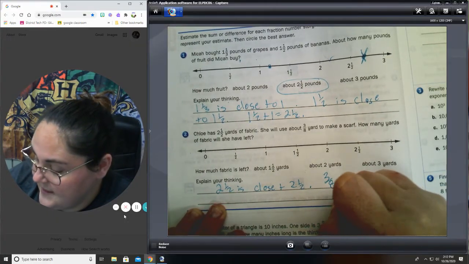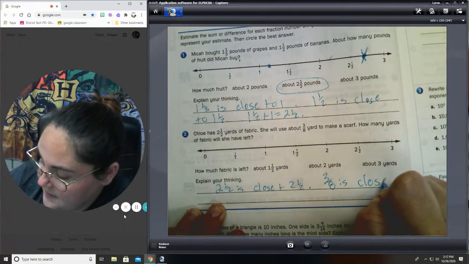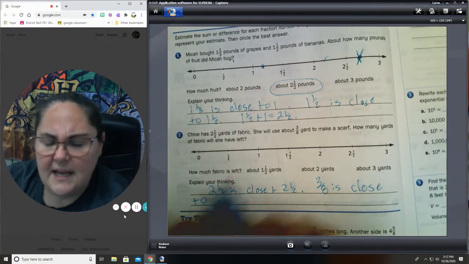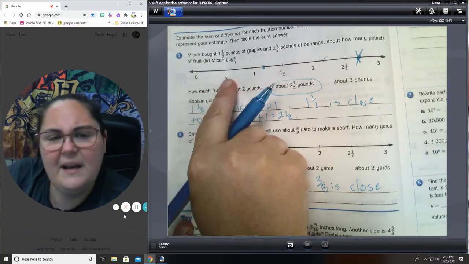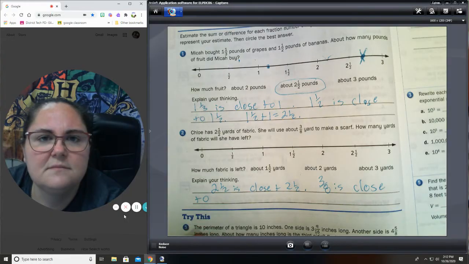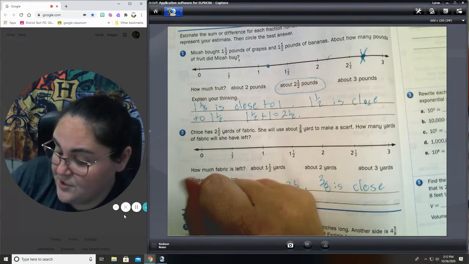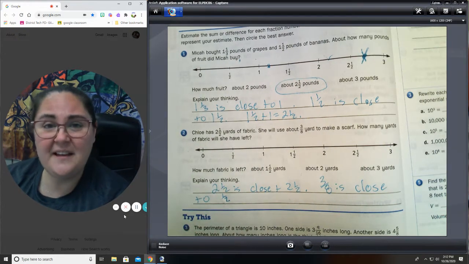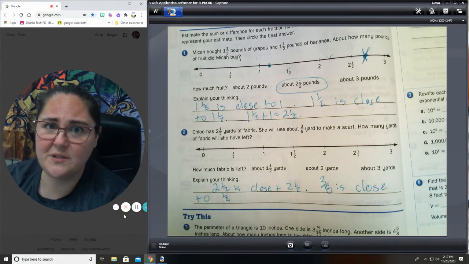3/8 is close to, what is 3/8 close to? Is that closer to 0, 1/2, or 1? It is closer to 1/2. Half of 8 is 4, so it's really close.